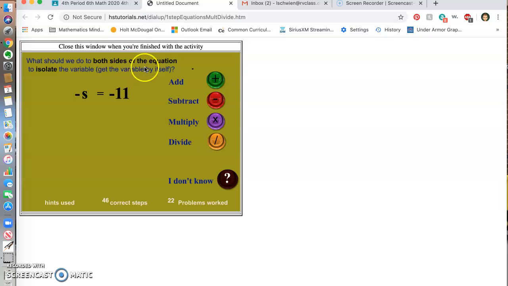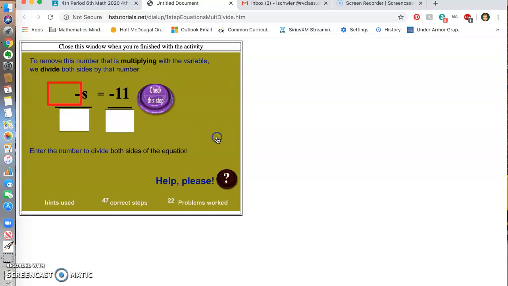All right, so they're going to say that we need to multiply both sides by -1, I believe. Oh, guess not. We have to divide. Okay, so we have to divide by -1. You could also multiply by -1. So again, you don't see a 1 there, but you could write 1 in. So we're going to divide by -1.